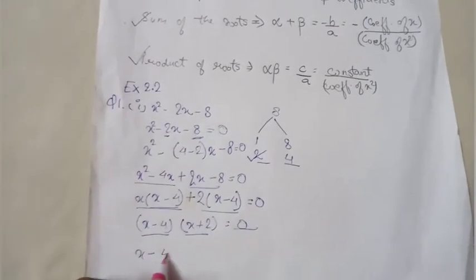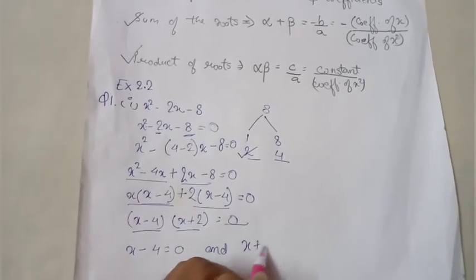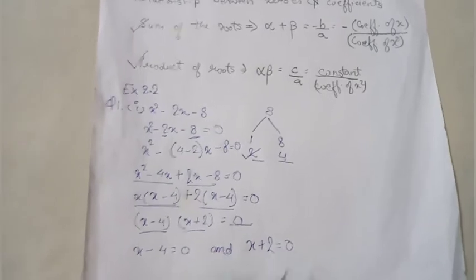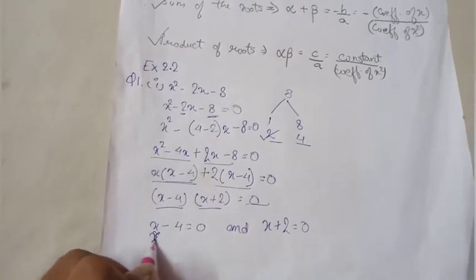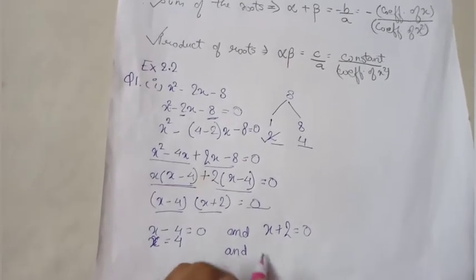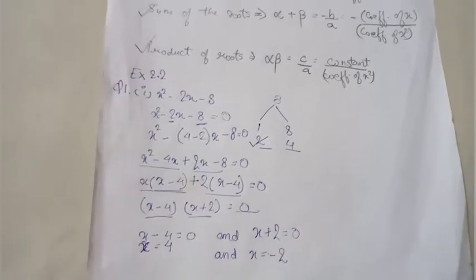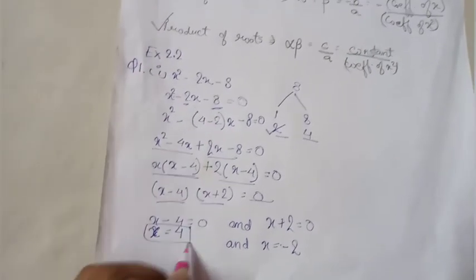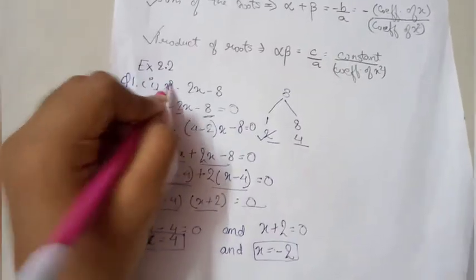So x minus 4 equal to 0 and x plus 2 equal to 0. So x equal to 4 and x equal to minus 2. These are the two zeros of this polynomial.